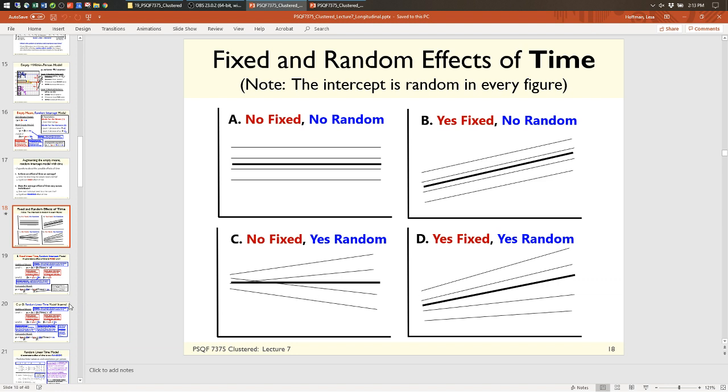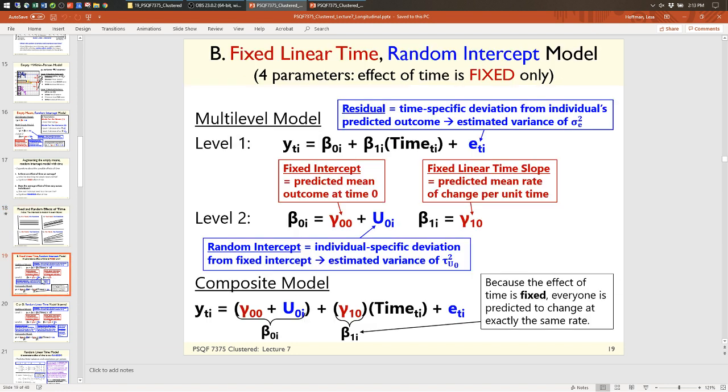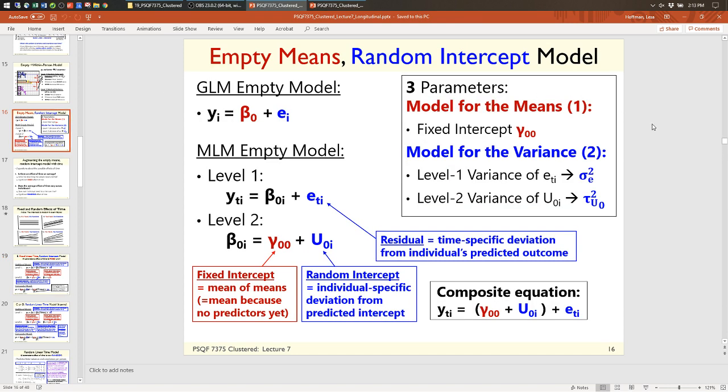And so we looked at equations then. So in terms of terminology, if you're fitting this model here without time, I would call that empty means random intercept because the model for the means contains only a fixed intercept. The model for the variance contains a random intercept variance at level 2 and a residual variance at level 1.